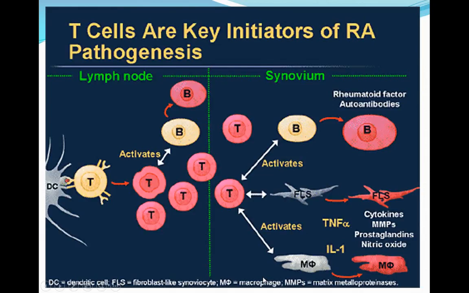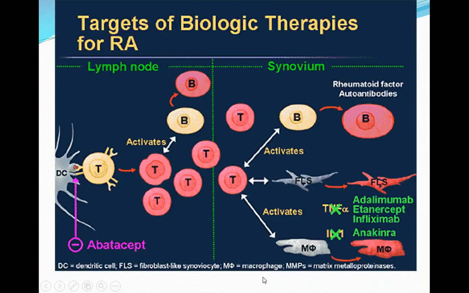And you can see tumor necrosis factor, prostaglandins, and nitric oxide. So our targets, the drugs that we're going to talk about today, are tumor necrosis factor inhibitors. Our tumor necrosis factor inhibitors, main ones are adalimumab, etanercept, and infliximab.